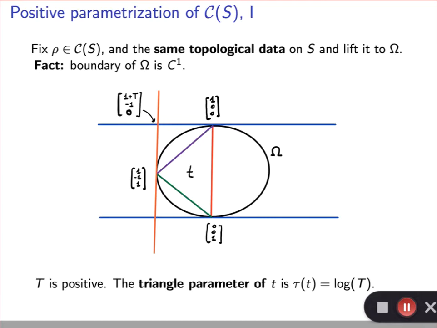So we need to associate a parameter to this, and one can do that in the way it's described in this picture, and we get a positive parameter, which is the triangle parameter, and one keeps track of the logarithm of this triangle parameter. Then, once we fix parameters for the ideal triangles, the rest of the construction is very similar.